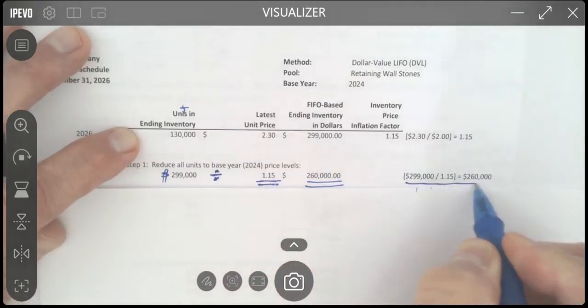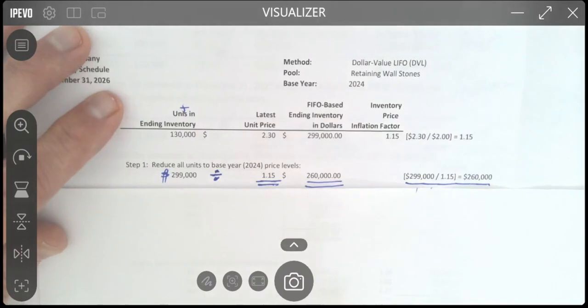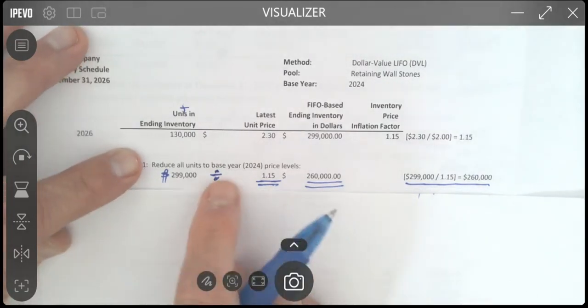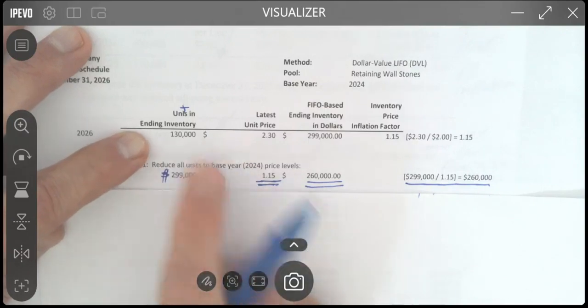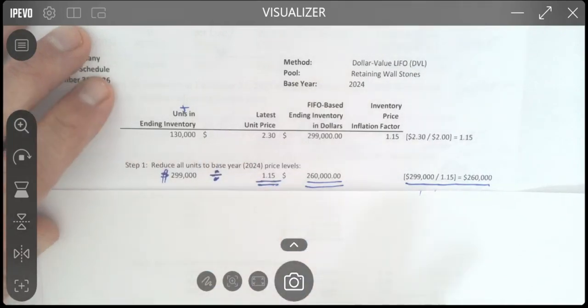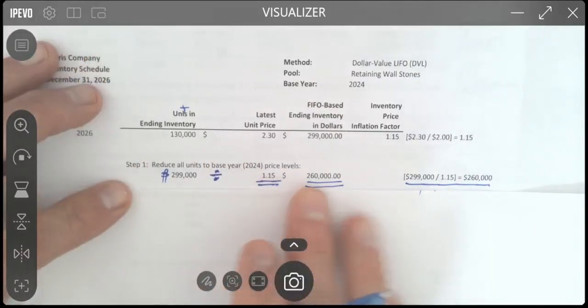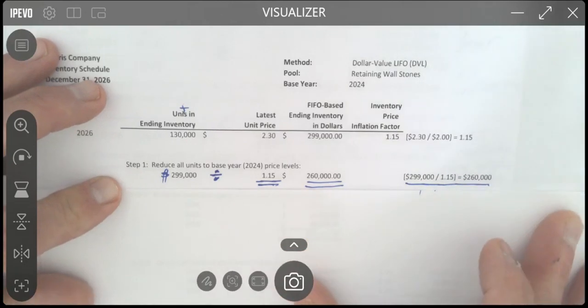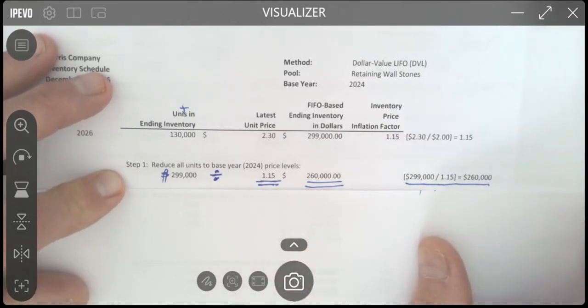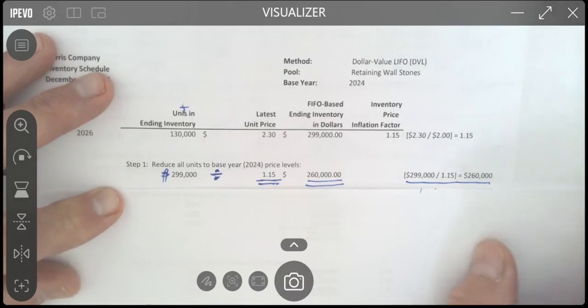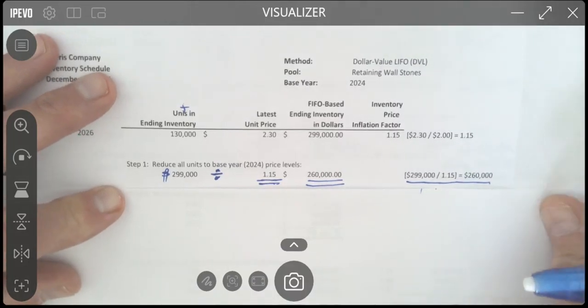But here is where that 260,000 is coming from. In the real world, it wouldn't be so simple to do the math out of your head. That's why I use the simple numbers to build context. But this is very reflective of what the schedule will look like in the real world. It'll just have less round numbers.